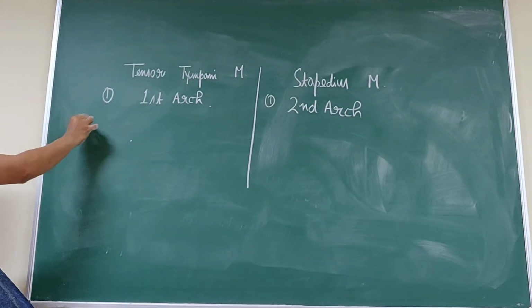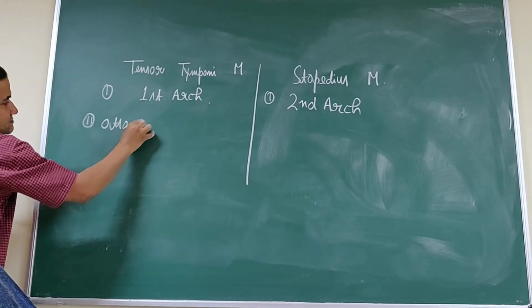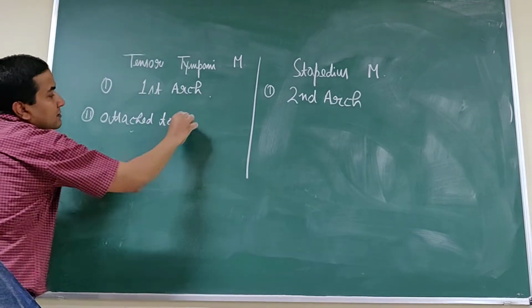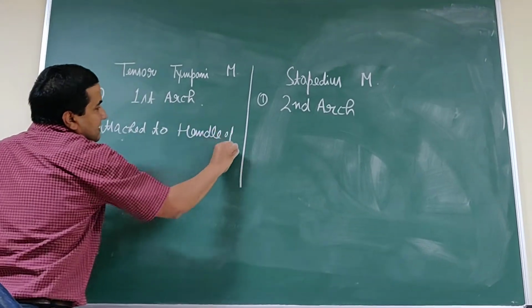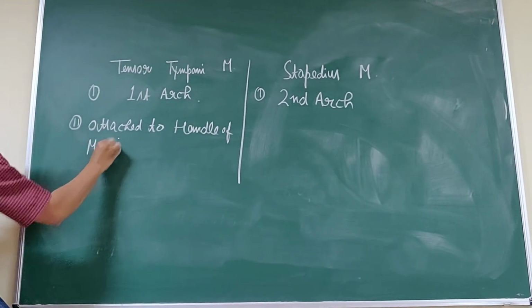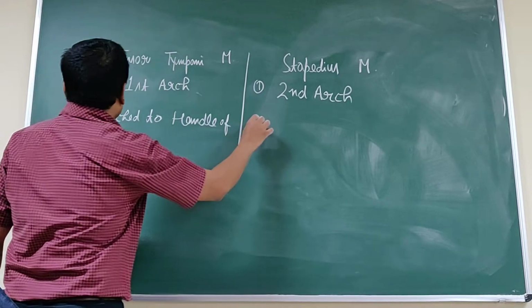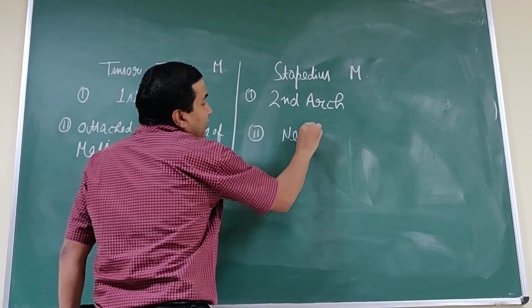The tensor tympani is attached to the handle of the malleus, while the stapedius is attached to the neck of the stapes.